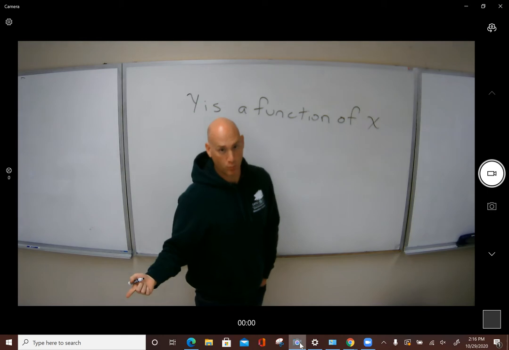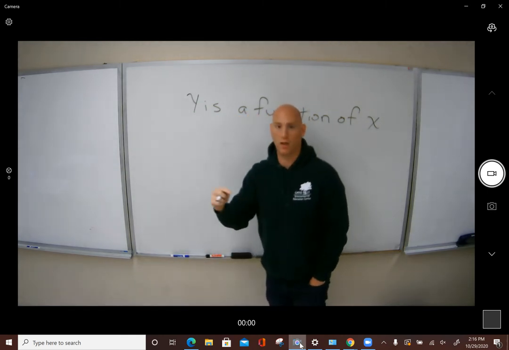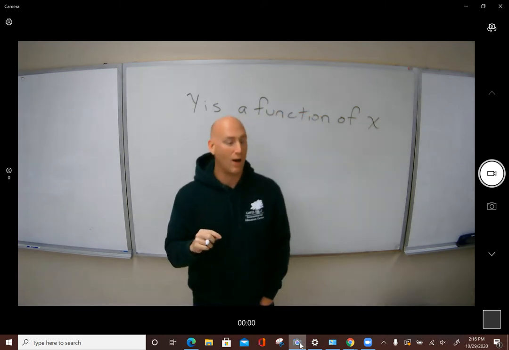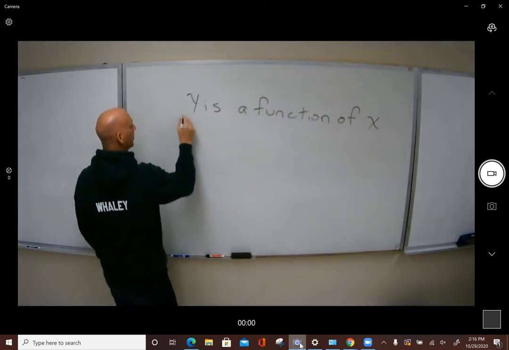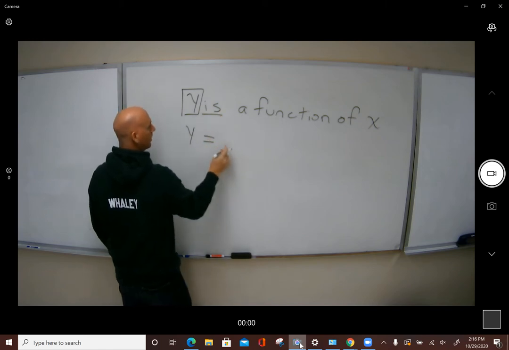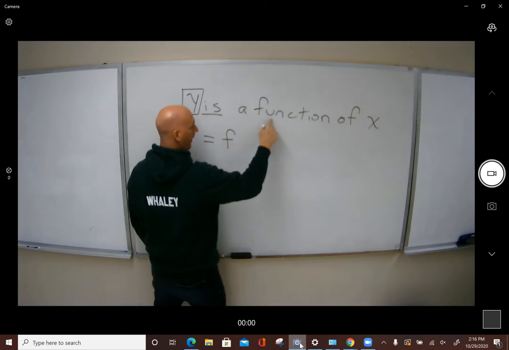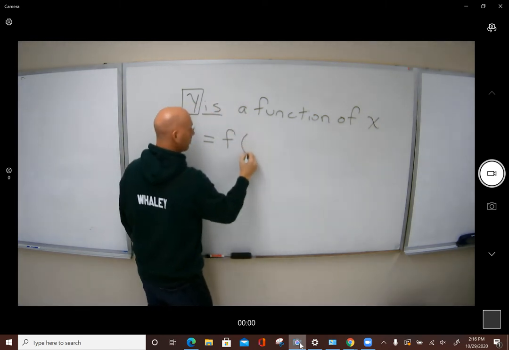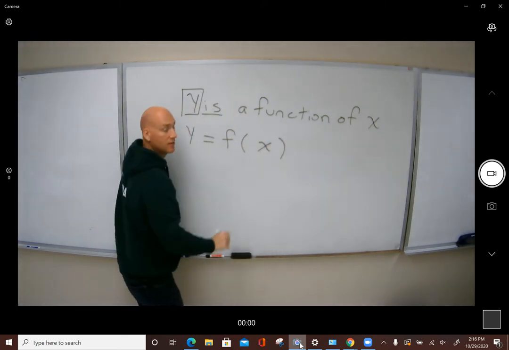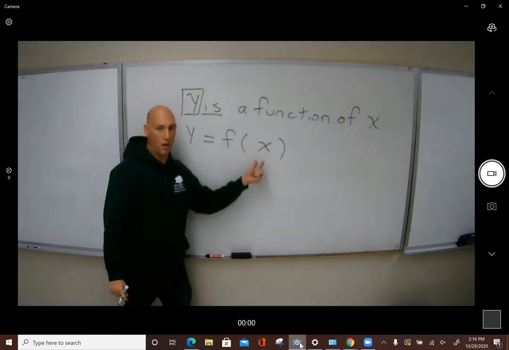Sometimes we will, sometimes we won't, just like sometimes we use range, sometimes we use dependent variable. Well, now we're going to replace y. So y means equals a function of x. Function f of, you can use parentheses, x. So now instead of writing y, we can write function of x.